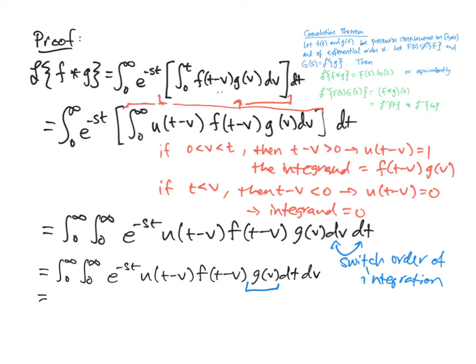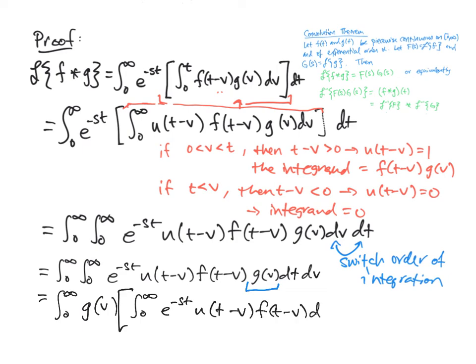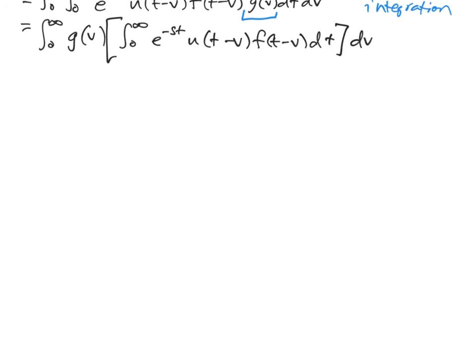So now we have the integral from 0 to infinity of g of v, times the integral from 0 to infinity, let's put a bracket here, of e to the negative st u f, and this is a dt, close bracket, dv.